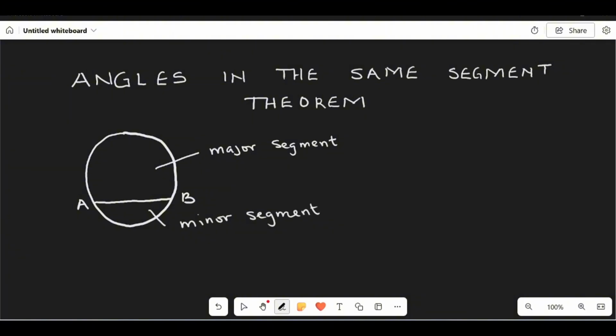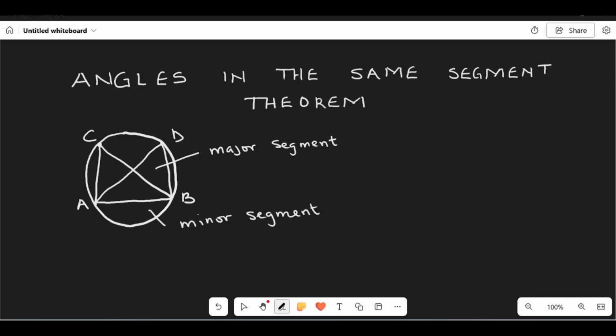Now, if we pick 2 points, C and D on the circumference, let us say we pick C here and D here, and we join AC and CB. We also join AD and DB.